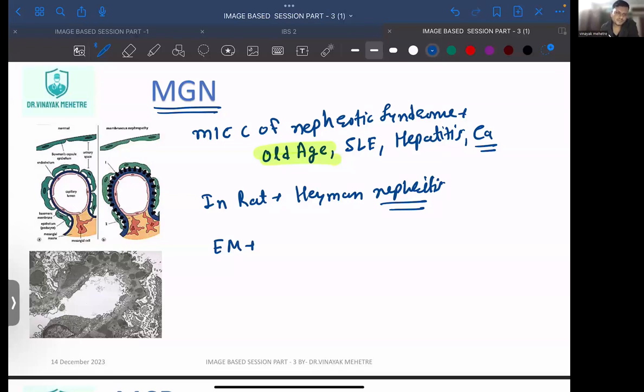So in electron microscope, what do we get? Anyone? Loss of foot process, and one more, spike and dome appearance.